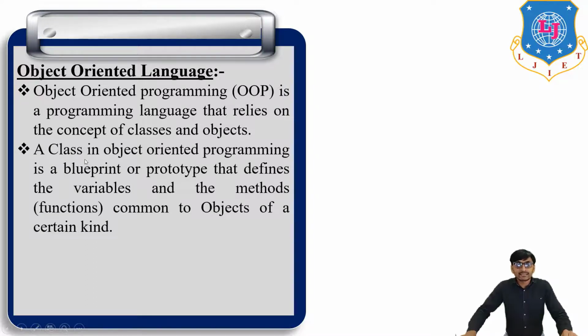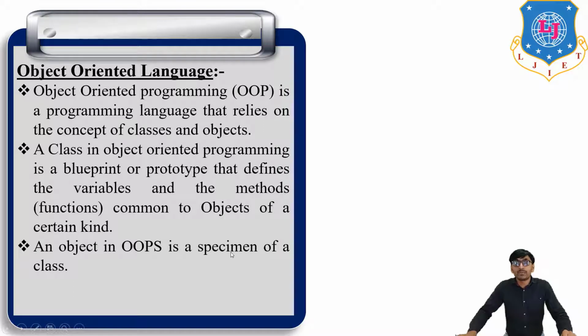A class in object-oriented programming is a blueprint or prototype that defines the variables and the methods common to objects of a certain kind. An object in OOPS is a specimen of a class. It means, for example, railway form.